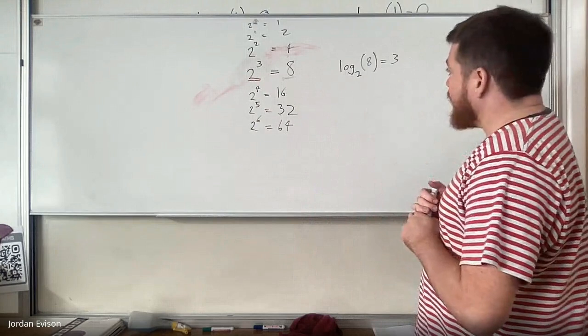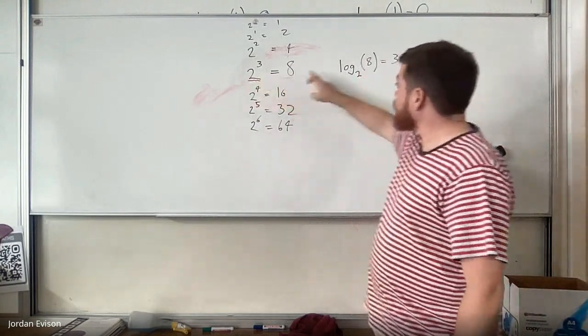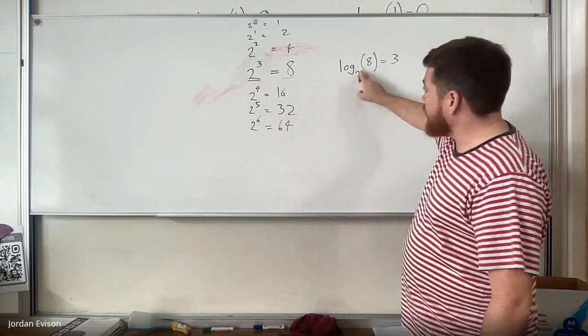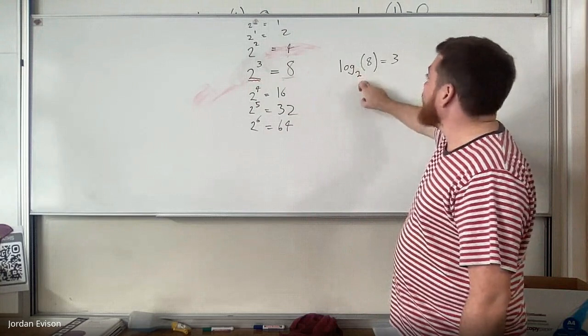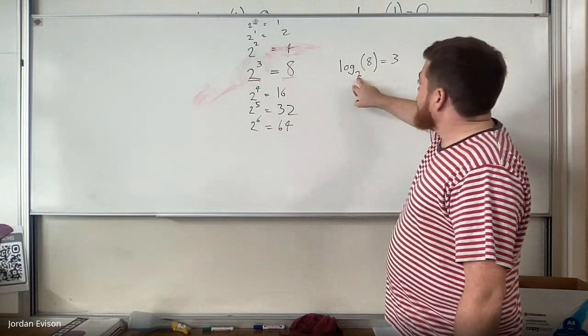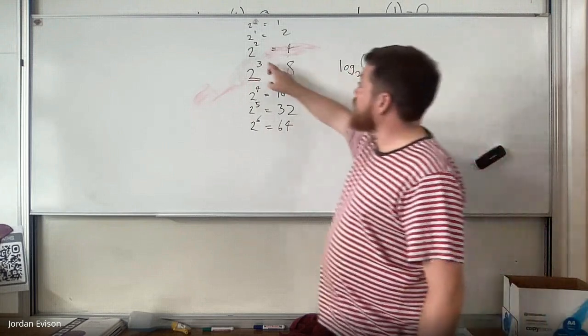What does that mean? Well, that means that the number 2 is my base here. And you'll notice that that's written below the log, not next to it. 2 is my base. 8 is my result. And what does this equal? It equals the power, okay?